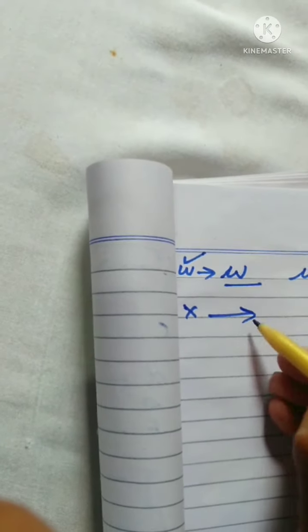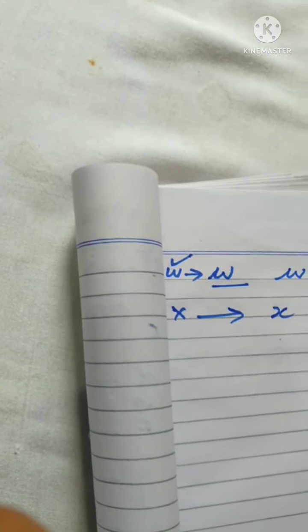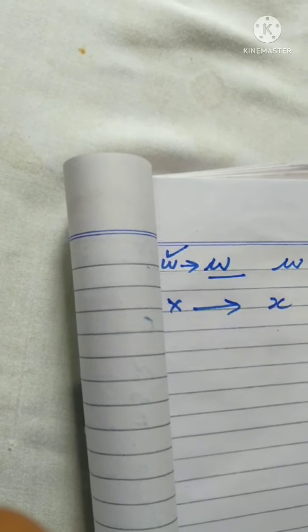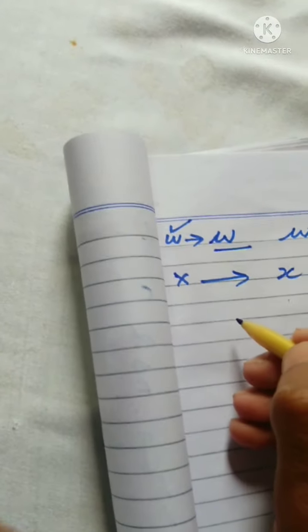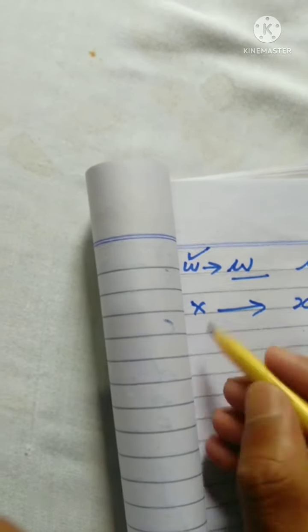X. In joint writing we may write X like this. I hope you will know how to do joint writing in English.